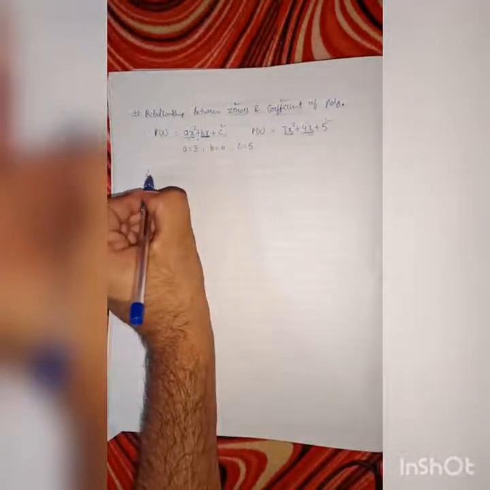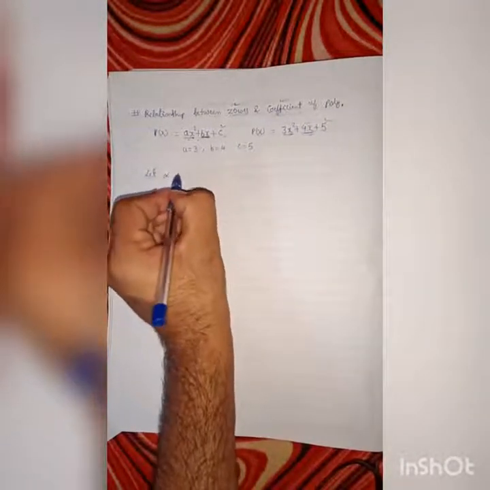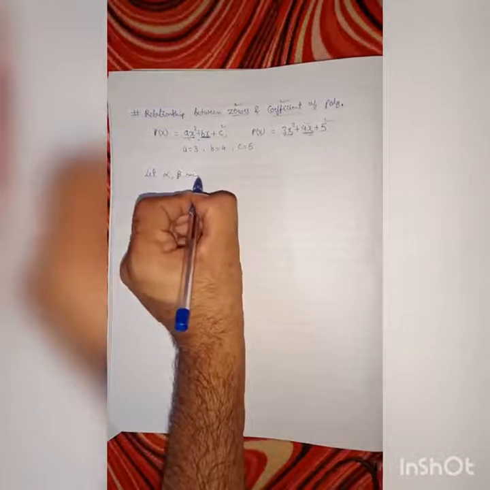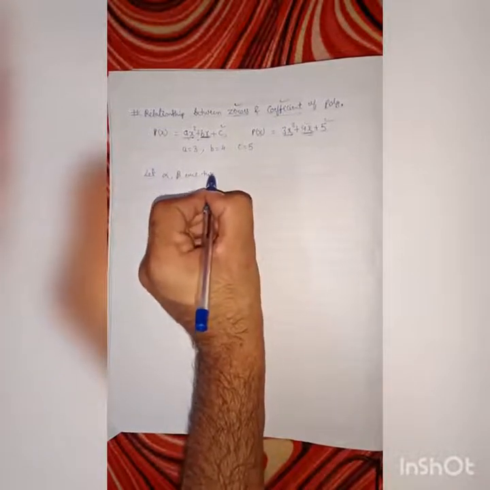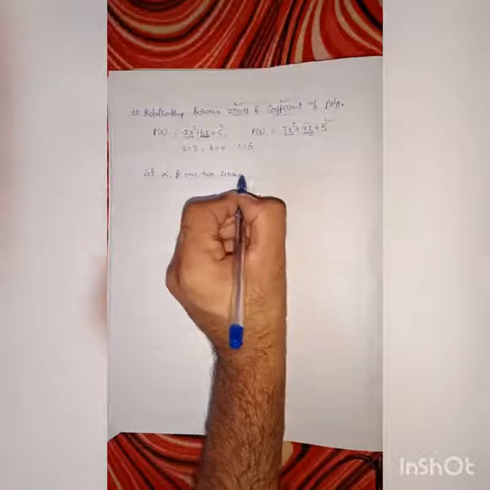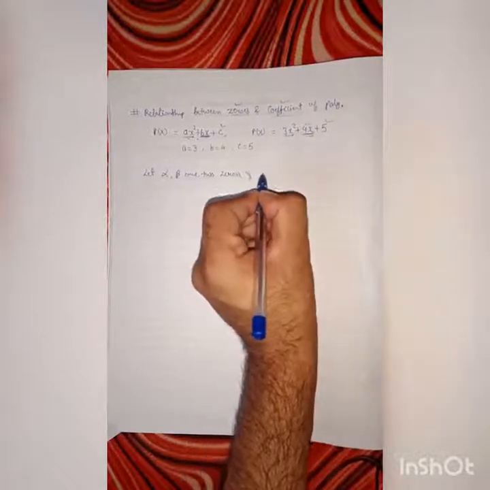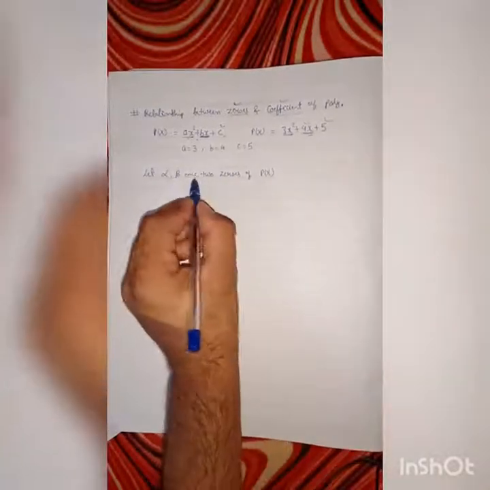So first we'll take, let alpha and beta be two zeros of polynomial p(x), meaning alpha and beta are any two zeros of p(x).